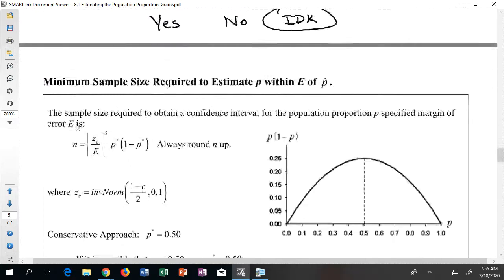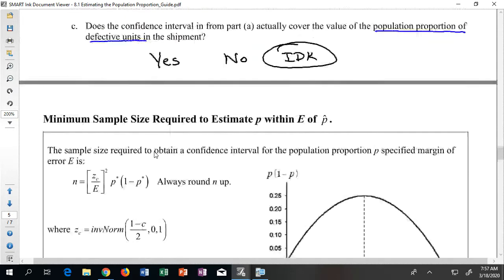So one of our goals here is going to be to try to create a method for determining how many people I would need to ask in order to make sure that I could make a confidence interval that has a very high level of confidence, but that is also very small in width. I don't want to go from 0% to 100%. I'd like to go from like 90% to 93%. You know, that would be nice.